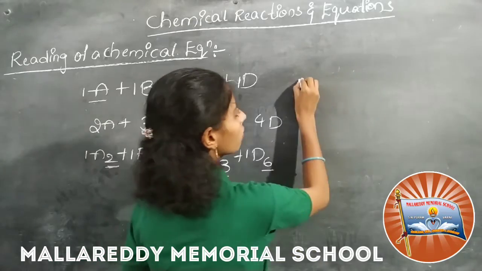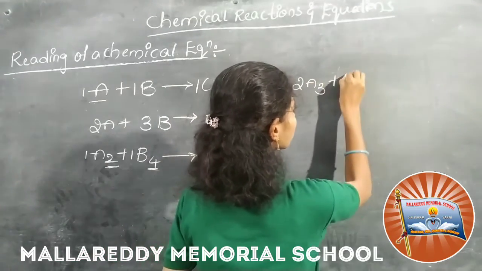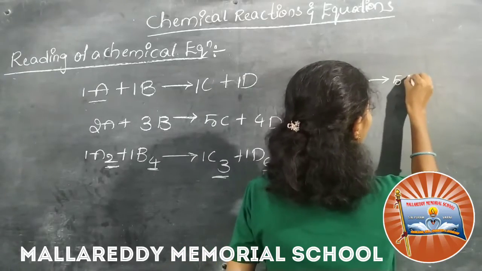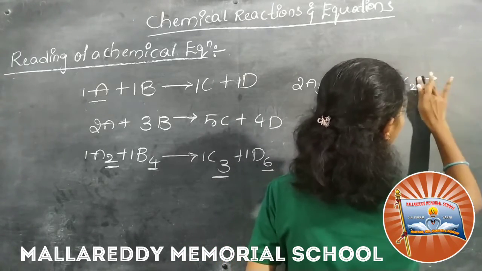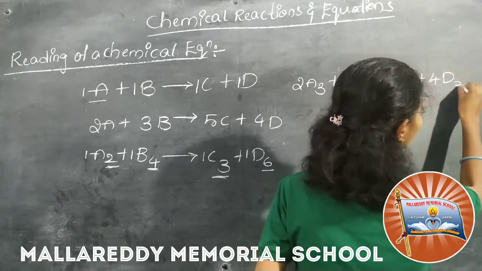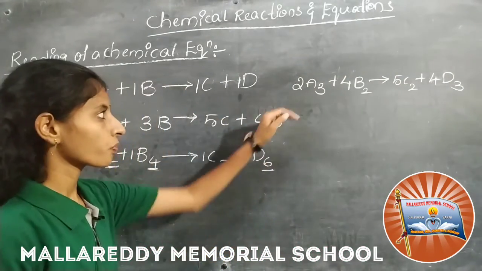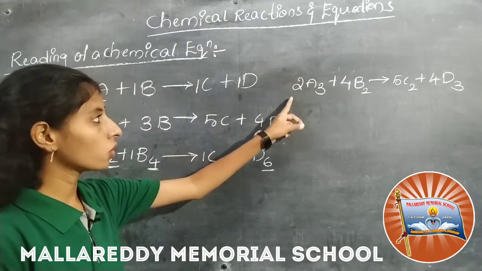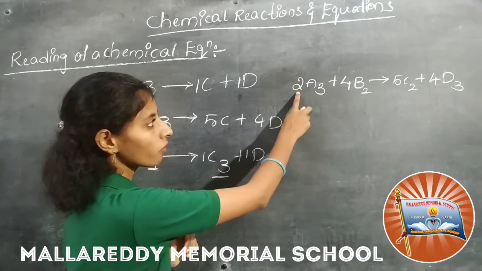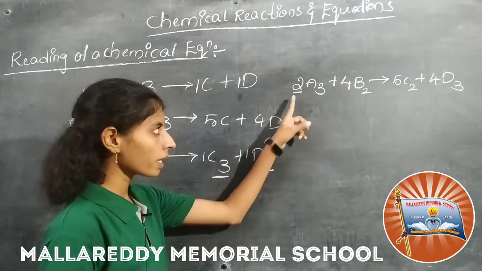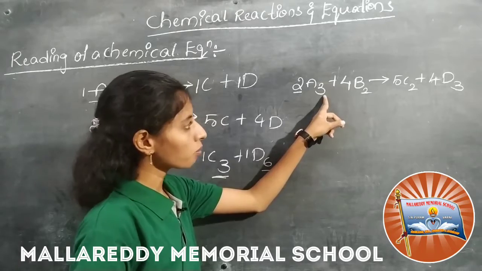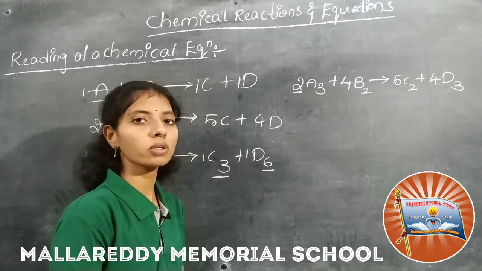For example, if we have like this, now see, here we have both coefficient as well as subscript. We know that before the substance the number indicates the number of molecules. When the number is taken as a subscript, that indicates the number of atoms.